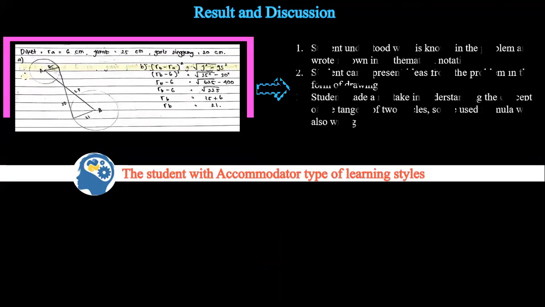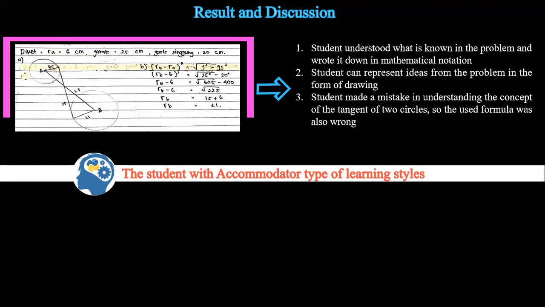Then, the results of student work with the accommodator type learning style are as follows. Based on the picture beside, the first question is, find the length of the radius of the circle. Point 1. The student understood what is known in the problem and wrote it down in mathematical notation well. Point 2.